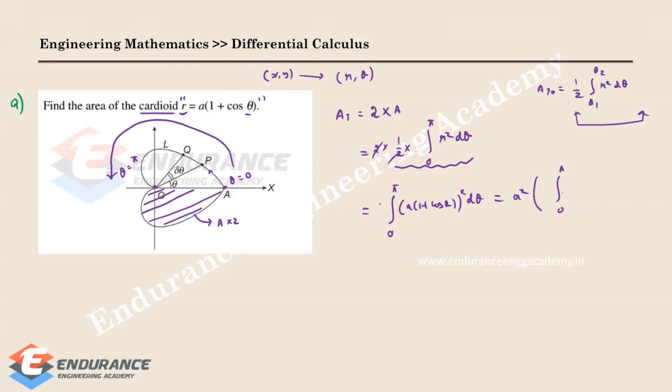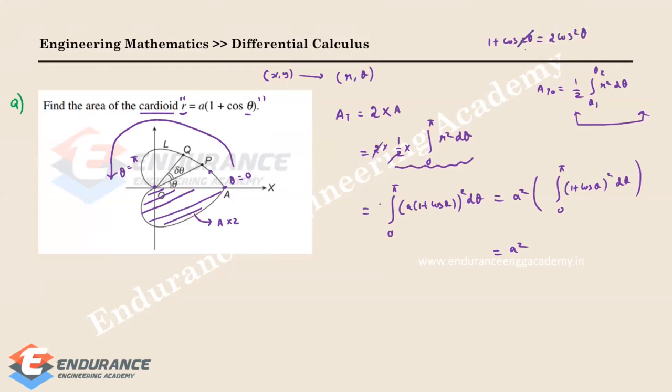What is 1 plus cos 2 theta? Yes, it's 2 cos square theta.